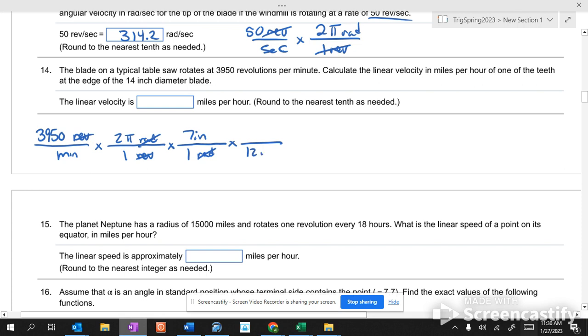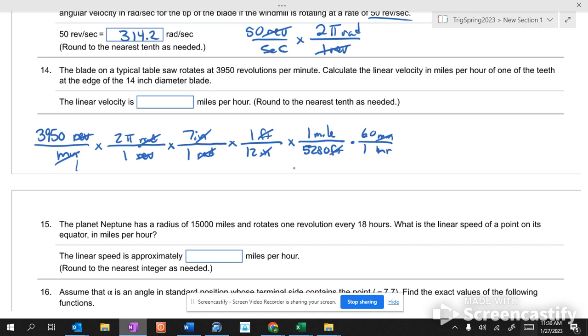So there are 12 inches in 1 foot, and there are 5,280 feet in 1 mile. And there are 60 minutes in 1 hour. So now we have miles per hour.